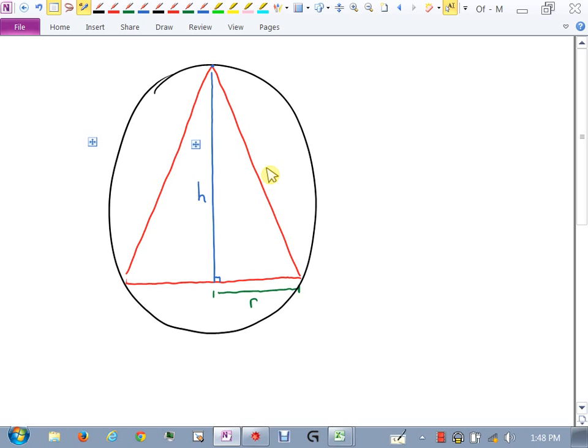So draw me a radius. Would you agree the center of the circle is somewhere about here? And the radius of the circle goes from the center of the circle to any point on the circle. Is there any particular point you would like me to draw it to? The corner of the what? You want me to go down here?